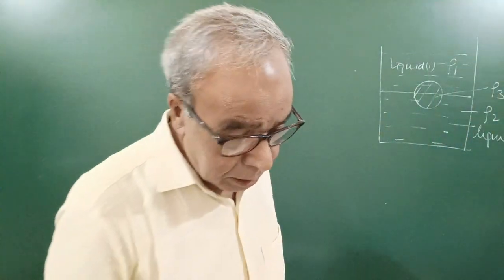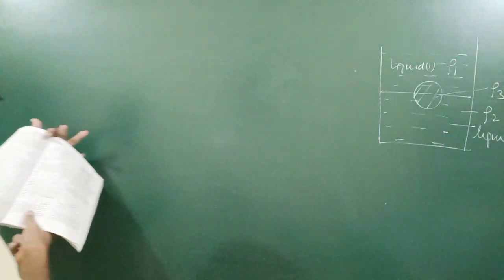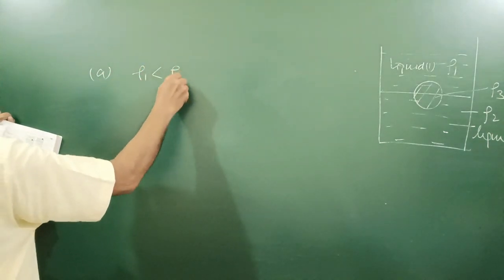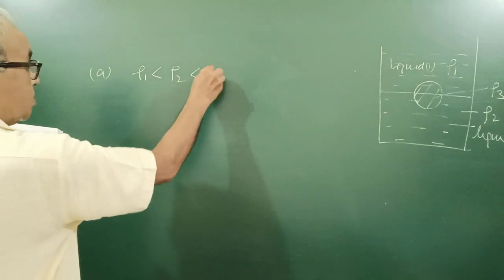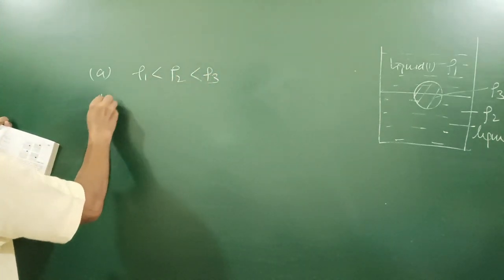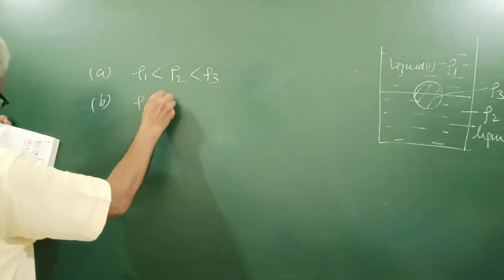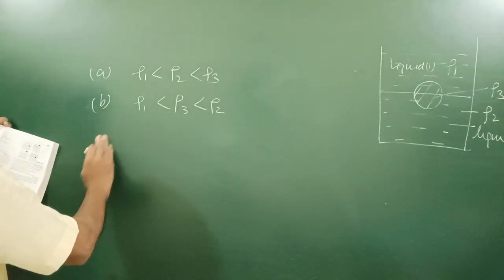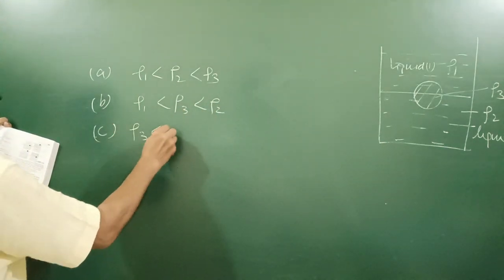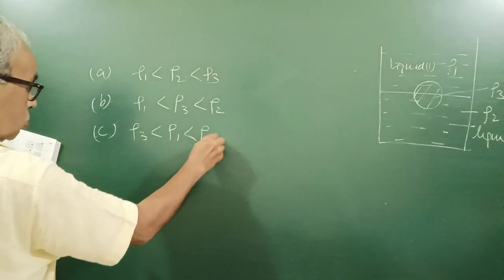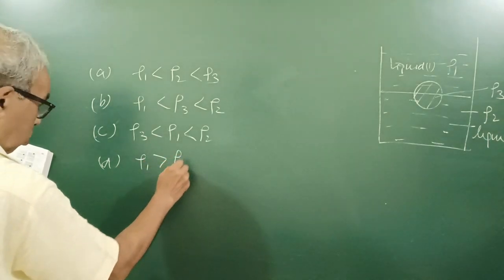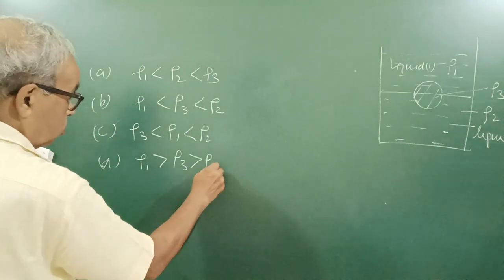Which of the following is a correct relation? The options are given. Option A is rho 1 less than rho 2 less than rho 3. Option B is rho 1 less than rho 3 less than rho 2. Option C is rho 3 less than rho 1 less than rho 2. And option D is rho 1 greater than rho 3 greater than rho 2.